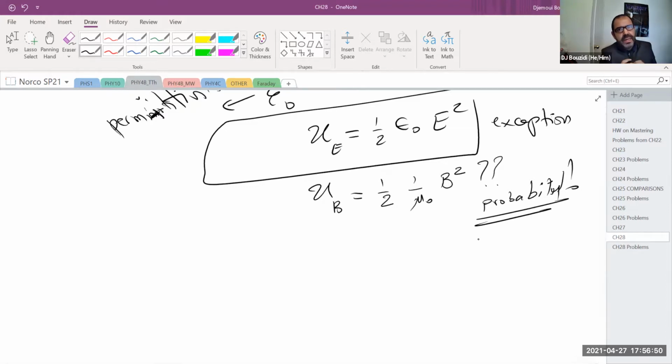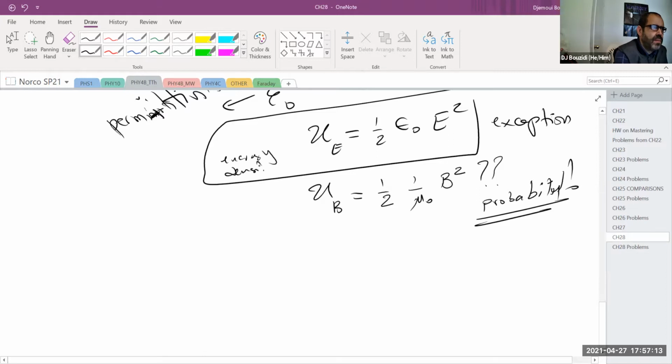All I'm saying is that because we saw what happened with epsilon naught, that in every single problem leading up to today, it was in the denominator. The only exception was when we dealt with the energy density, where for some reason it found itself in the wrong place.